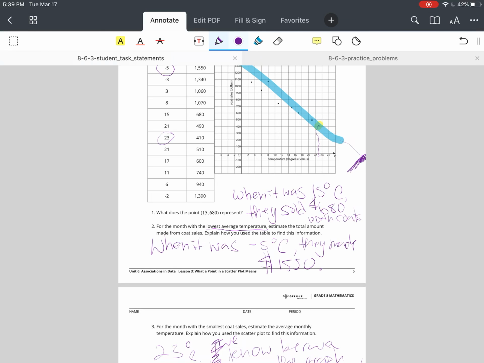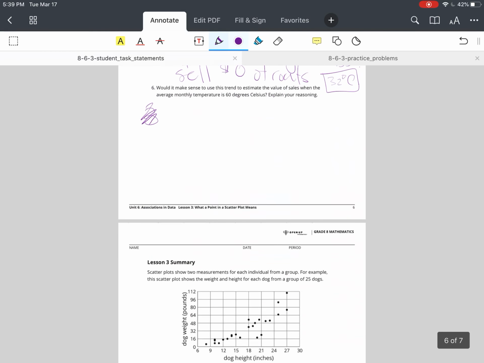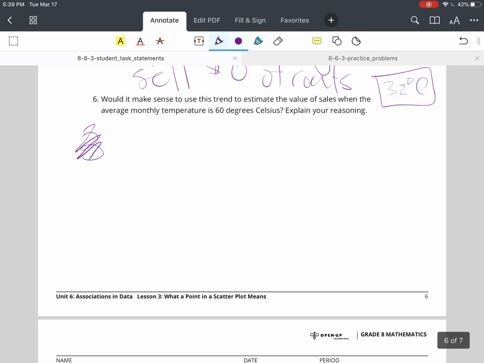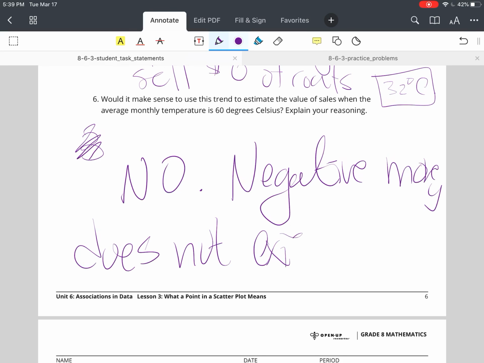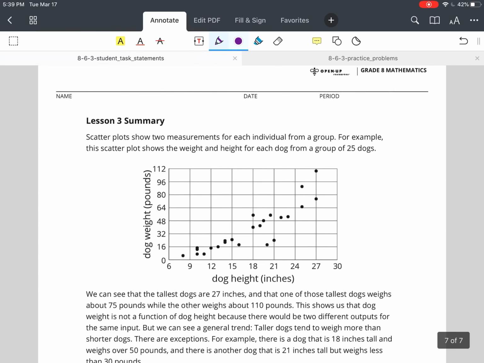Is there such thing as negative money? No. Would it make sense? No. Negative money does not exist.